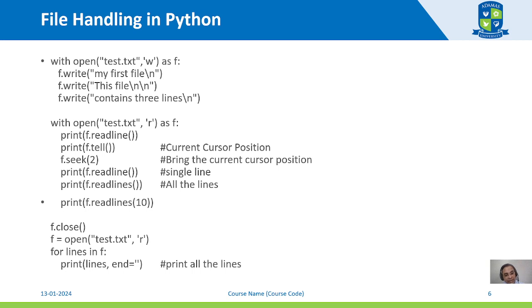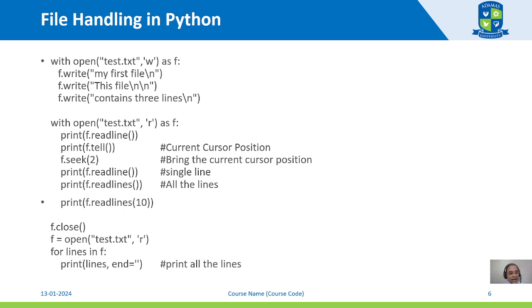And f.readline gives us a single line, while f.readlines reads all the lines and gives them to us, meaning it will show them as output. Also we can specify print f.readlines within brackets 10, that means it will return the first 10 lines from the cursor position.